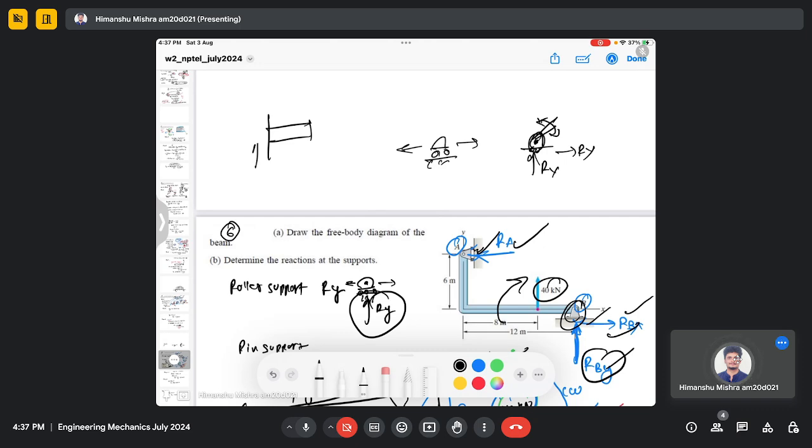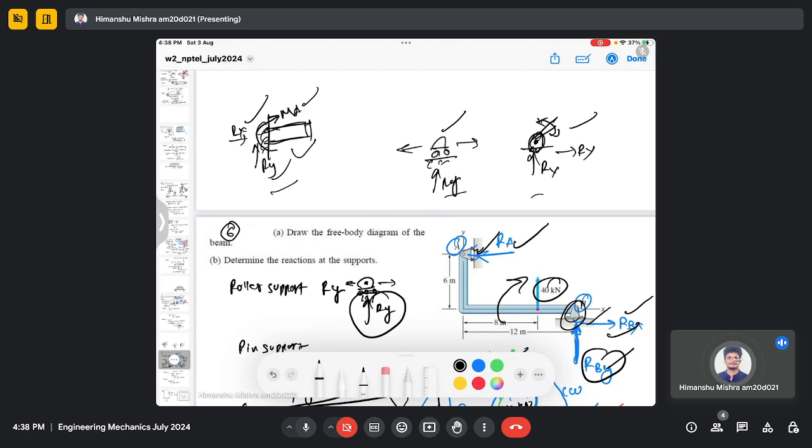So there will be two reaction forces and a reactive moment also. Here we don't have a reactive moment, we have two forces. Here we have only one force and no reactive moment. But for a fixed support, we have one reactive moment and two reaction forces. You can easily remember this once you visualize the situation in your mind, because the rotational and translational motion here is constant. So you have all three.